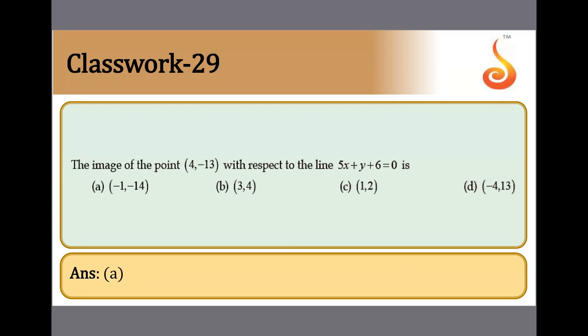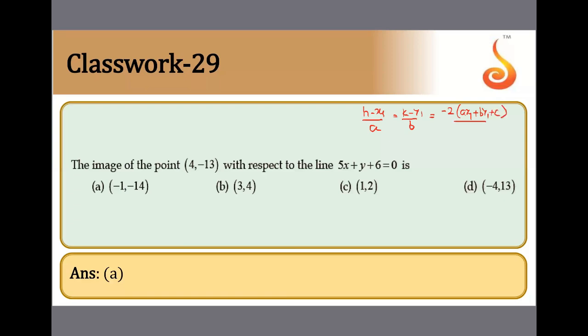Image of this point with respect to the line. What is the theorem? (h minus x1) by a equal to (k minus y1) by b equal to minus 2 times (a x1 plus b y1 plus c) by (a square plus b square), where (h, k) is the image.